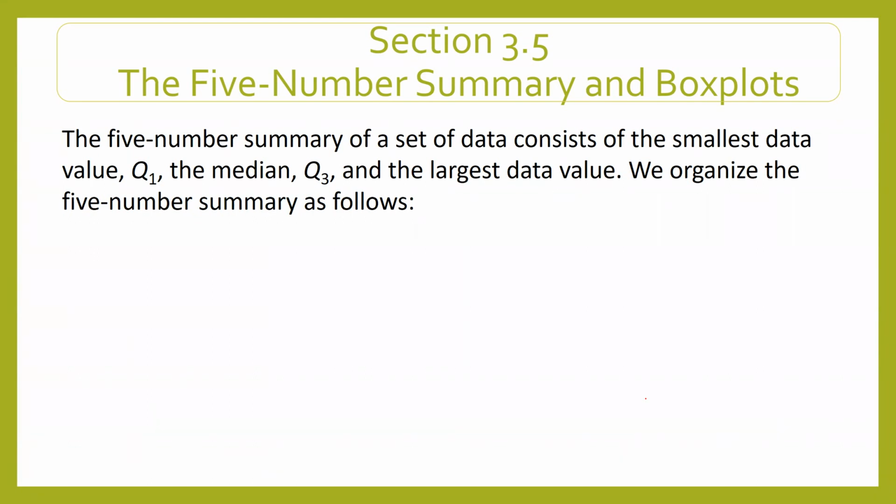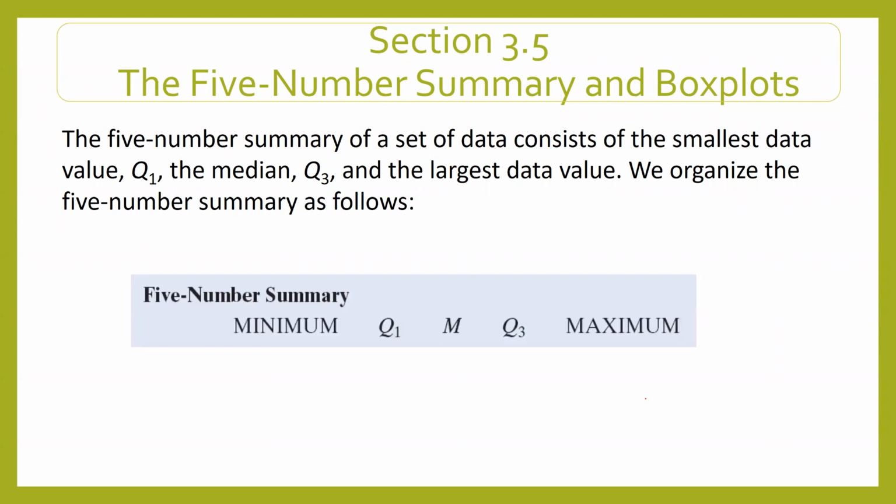The 5-number summary of a set of data consists of the smallest data value, Q1, Q2, Q3, and the largest. That's all. And we know how to find Q1, Q2, Q3. Obviously, the smallest and the largest values are easily identified.